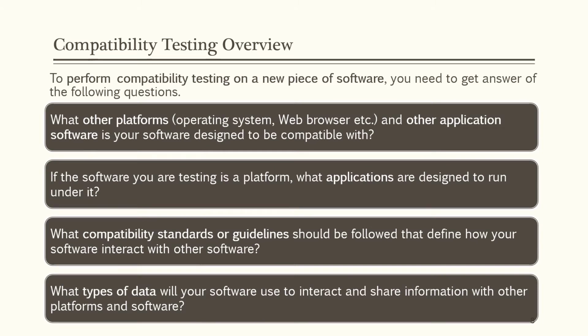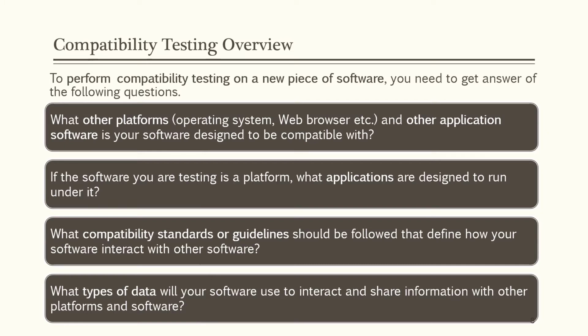To perform compatibility testing on a new piece of software, you need to get answers to the following questions. First is what other platforms like operating system or web browser and other application software is your software designed to be compatible with. Second is if the software you are testing is a platform, what applications are designed to run under it.